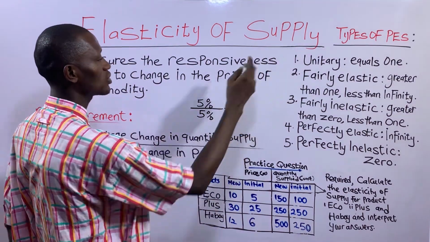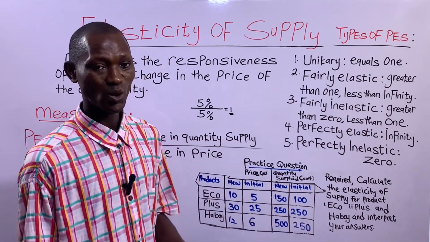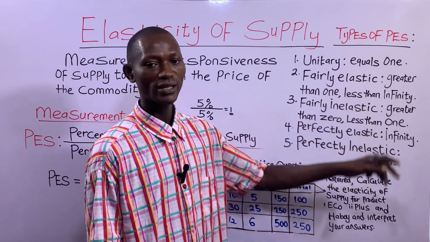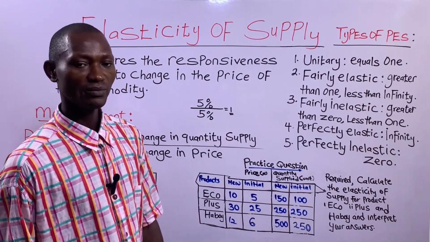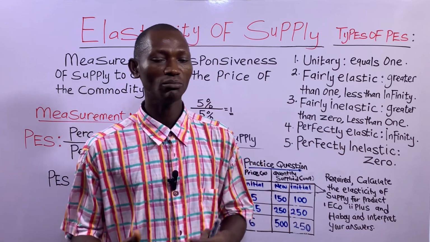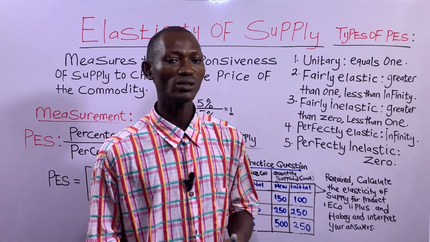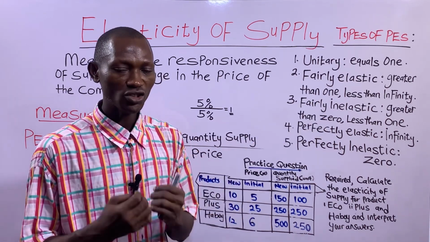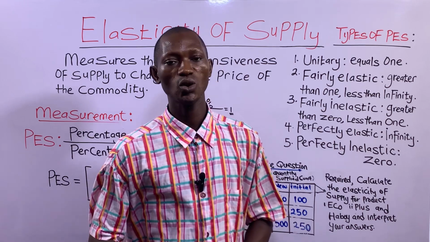Then let's talk about fairly elastic. Fairly elastic means the elastic coefficient is greater than 1 but less than infinity. By that we mean a 5% change in price brings about a greater change in the quantity supply. That means a percentage change in price brings about a more proportional change in the quantity supply.